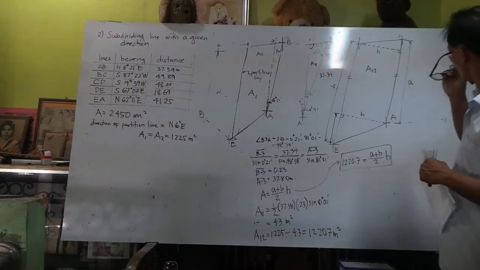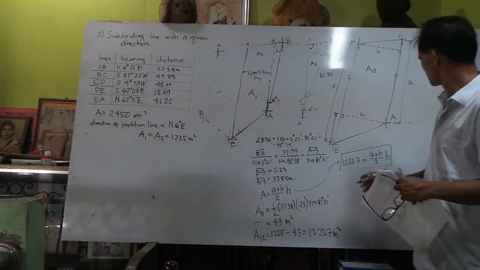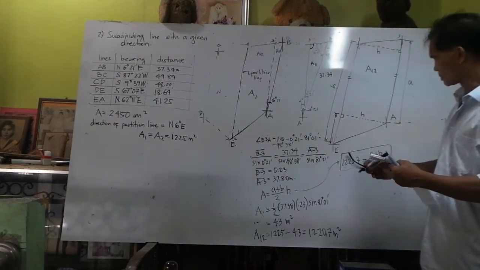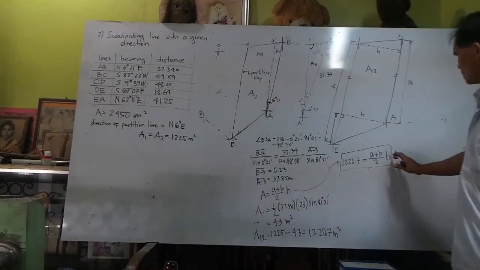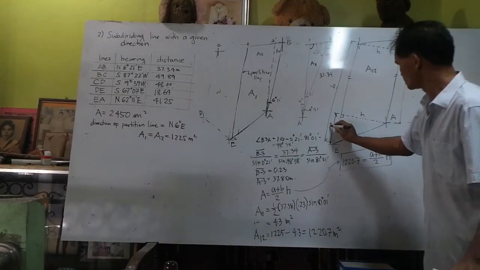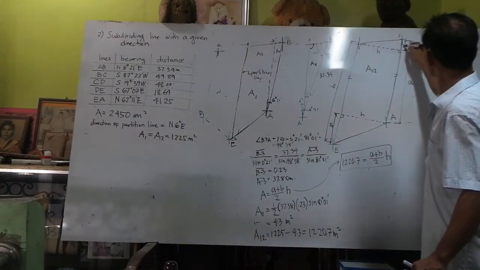Okay. So we use this as x. So we'll use this one as x1. Then this one is x2.